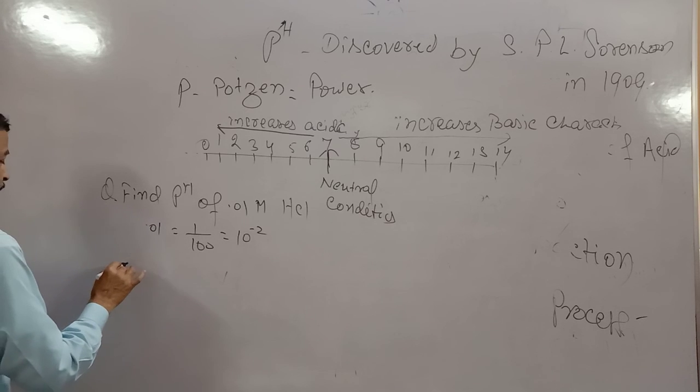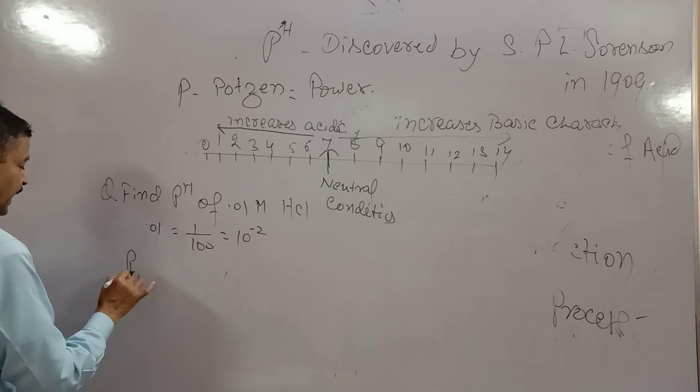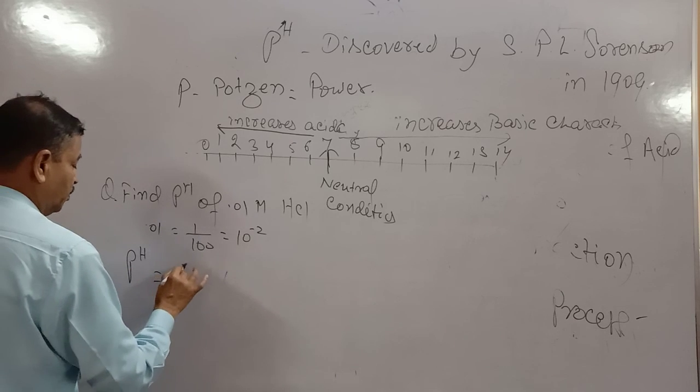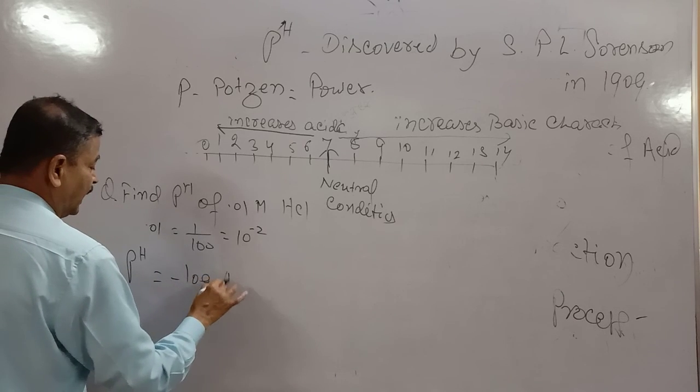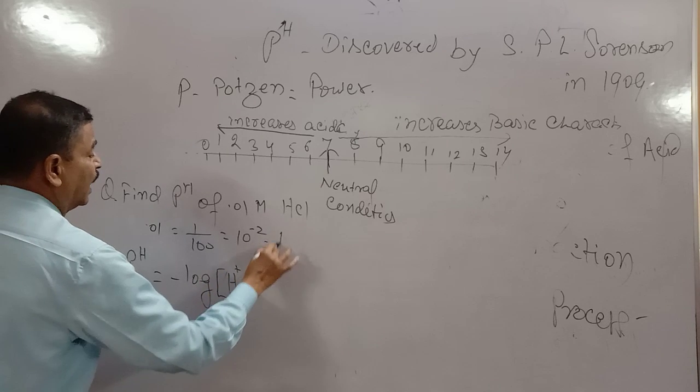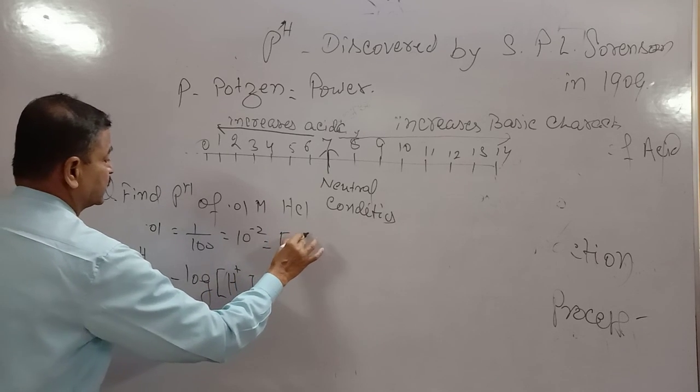Now the formula of pH is equal to minus log hydrogen ion concentration.